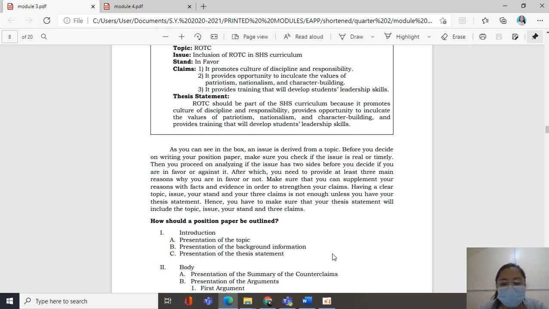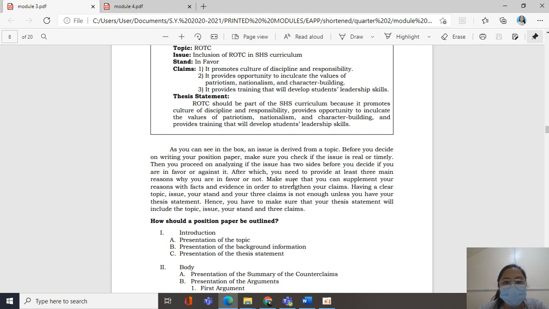So conduct research, search it in Google or Google Scholar, and do in-depth research about the issue that you will be discussing. Okay, and be aware of the various positions about the issue and explain and analyze them well.